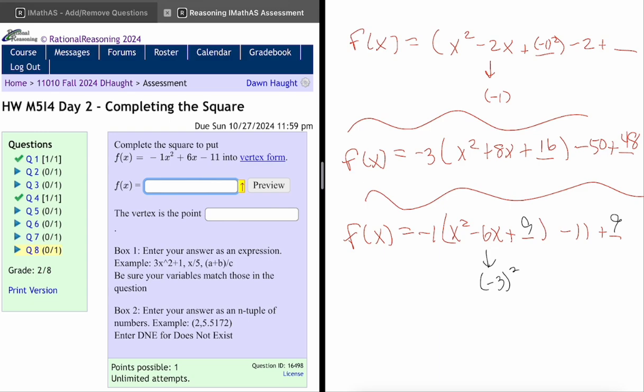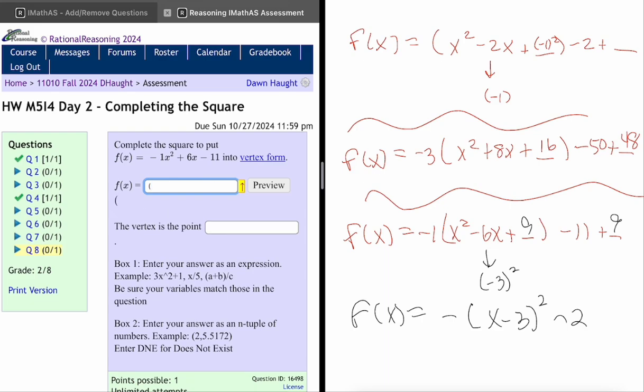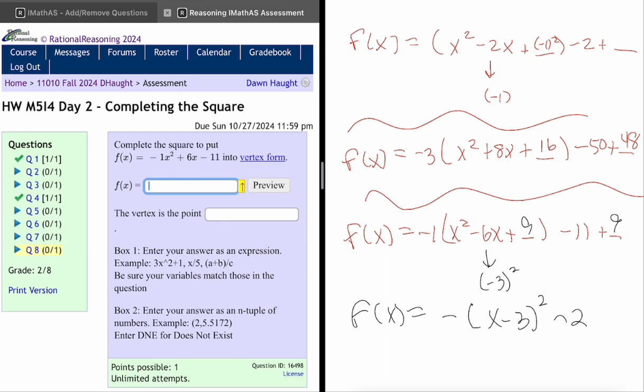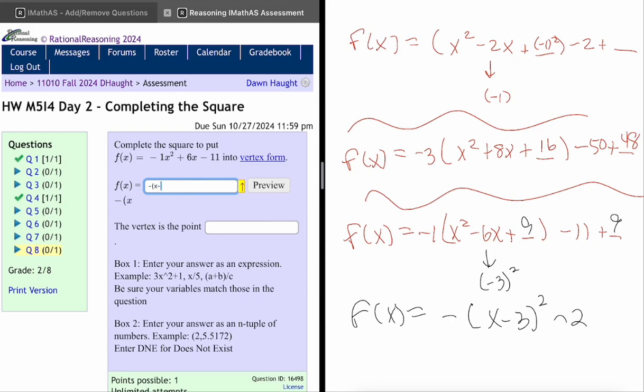So the vertex form is negative x minus 3 squared minus 2. So that would be the opposite of x minus 3 squared minus 2.